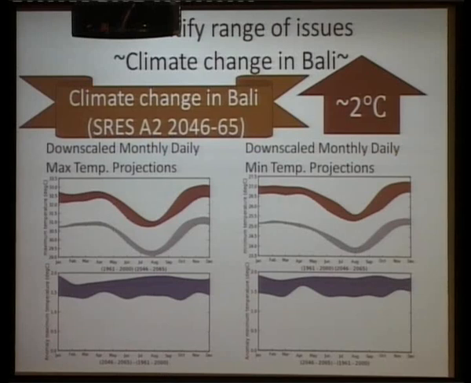There is historical evidence as well as forecasted evidence. Models imply that Bali's climate might increase by 2 degrees within 50 years.